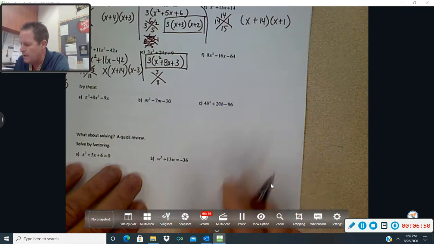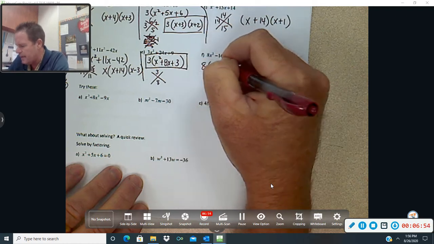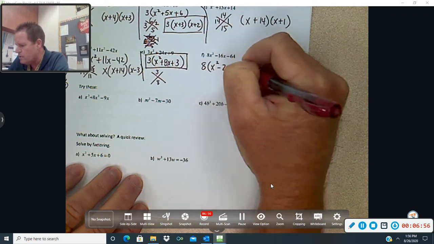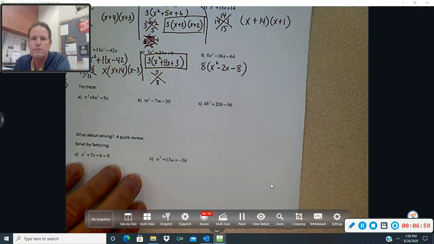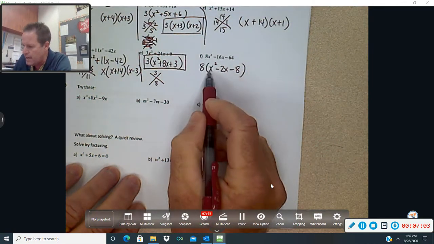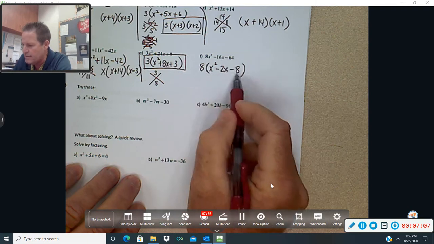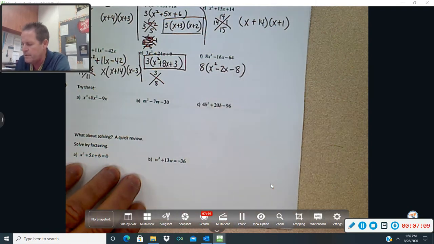Okay, last one here, letter F. In this section, take out an 8. 8 times x squared minus 2x minus 8. Okay, I divided each part by 8 to get that. 8 divided by 8 made 1x squared. Divide this by 8, you get 2x. Divide this by 8, I'll get minus 8 out of that.